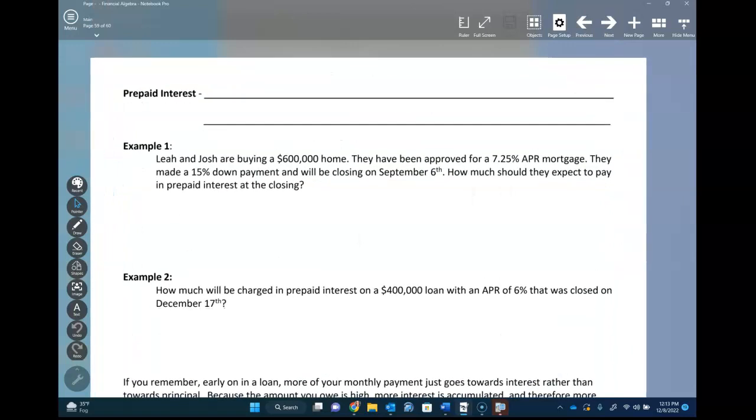Okay, now for 6-4. What is prepaid interest?